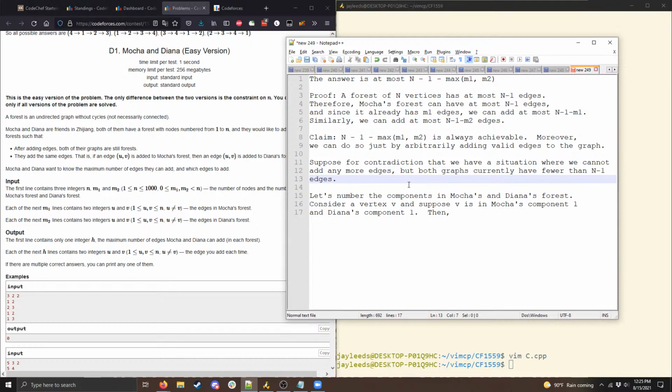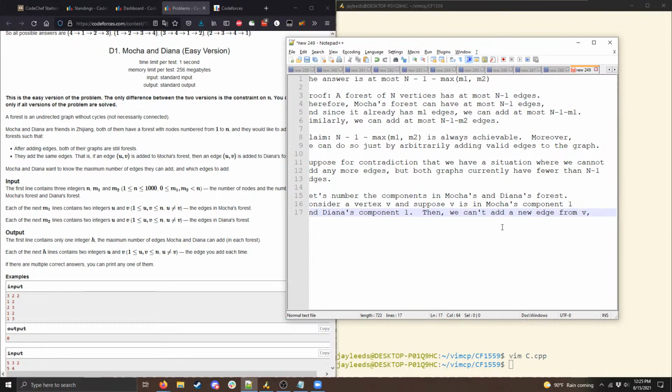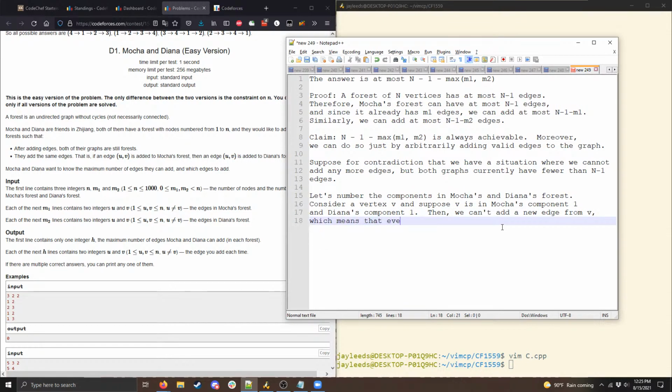Because our goal is to say, all right, if either graph has fewer than n-1 edges, then we can add another edge. So then we can't add a new edge from V, which means that every vertex except V must be in either Mocha's component 1 or Diana's component 1.